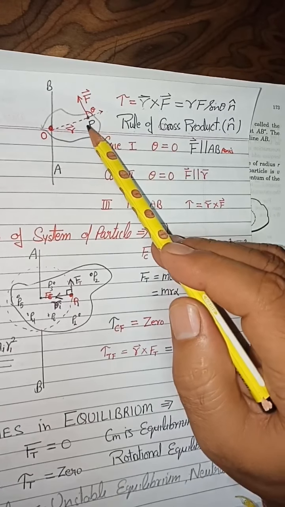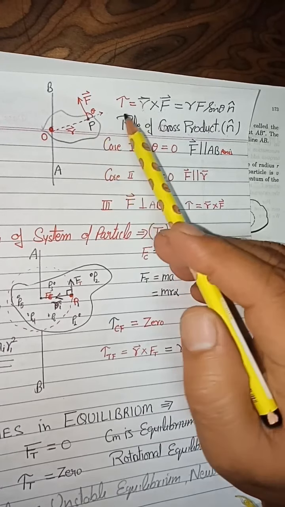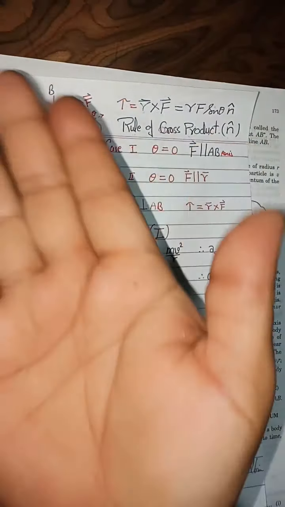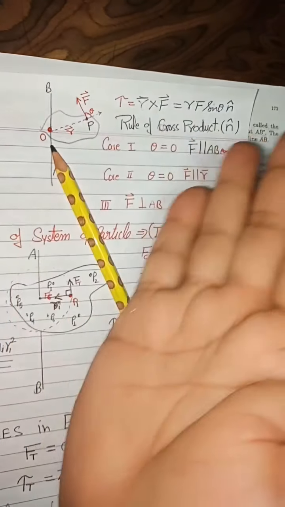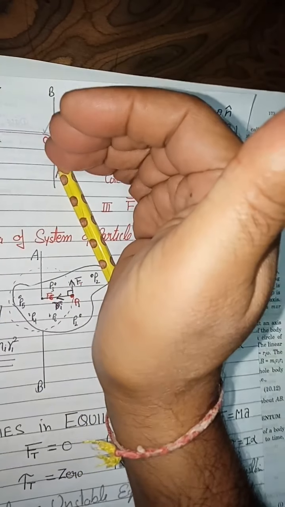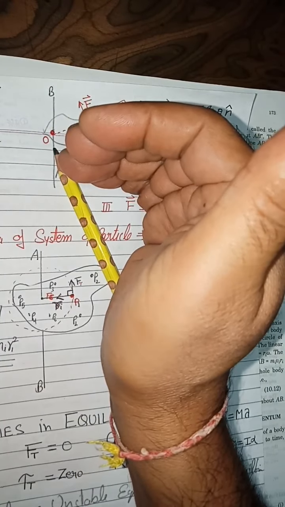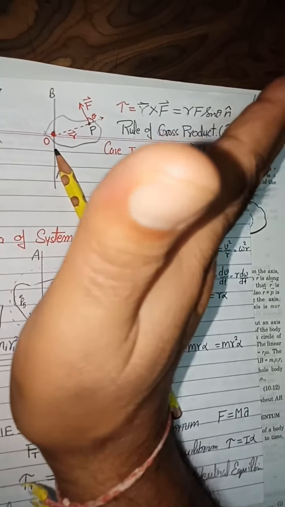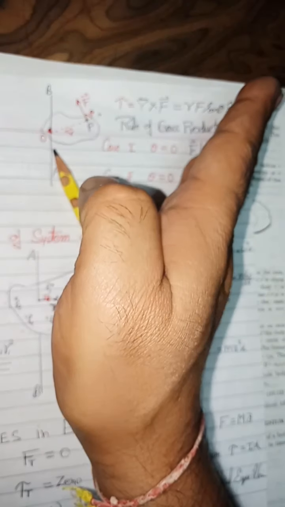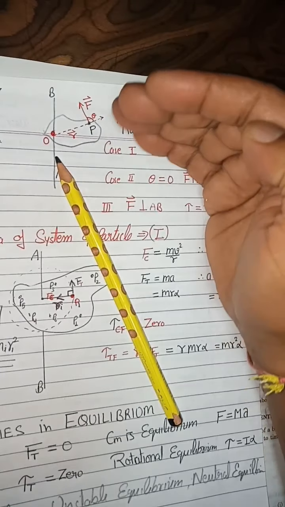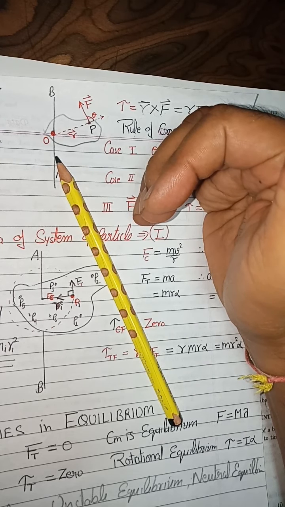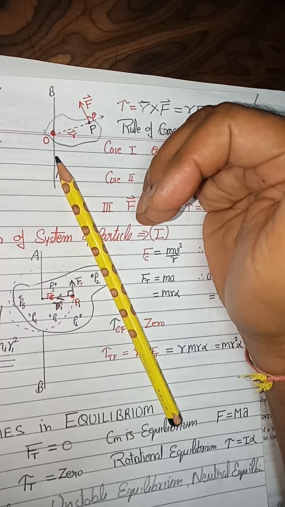Torque is a vector quantity, so this is R cross F. You have to put all your fingers towards R, because it is R cross F, and then turn your fingers towards F, and then the thumb indicates the direction of torque.